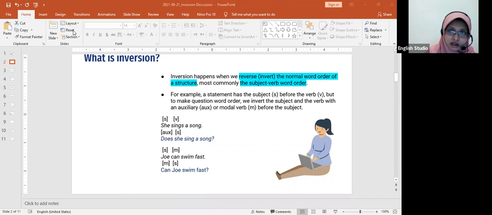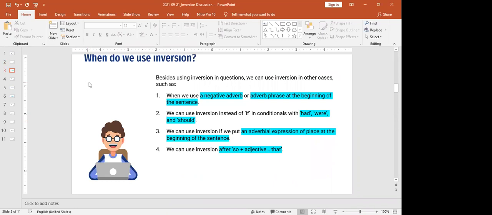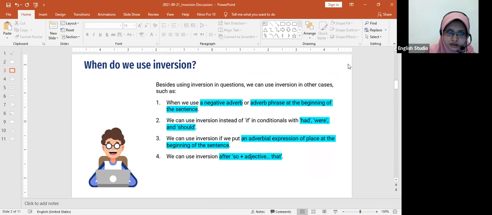But then how about the other examples of inversion? Let's take a look at the next presentation slide. So when do we use inversion? Besides using inversion in questions, we are also able to use it in other cases.